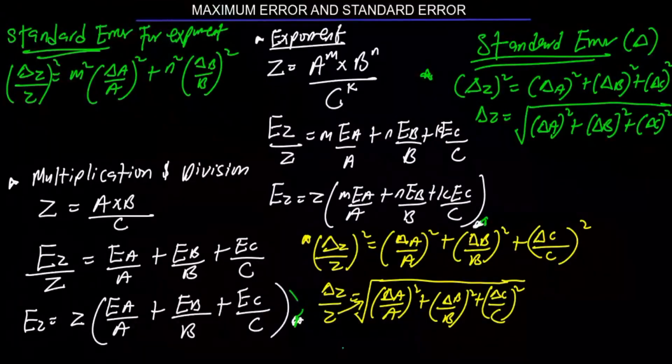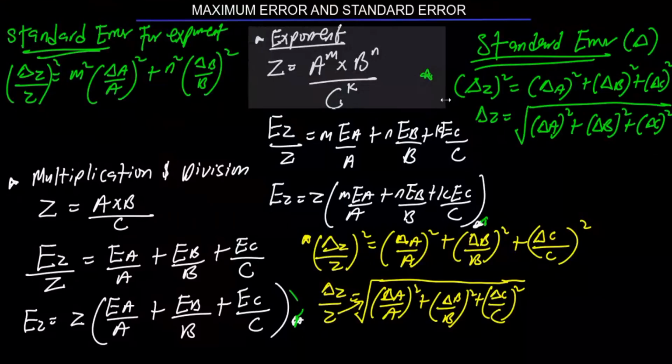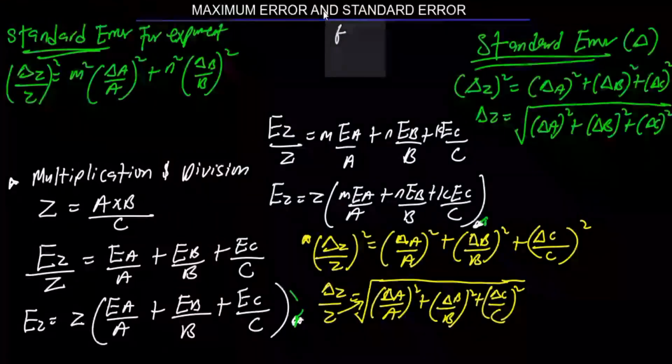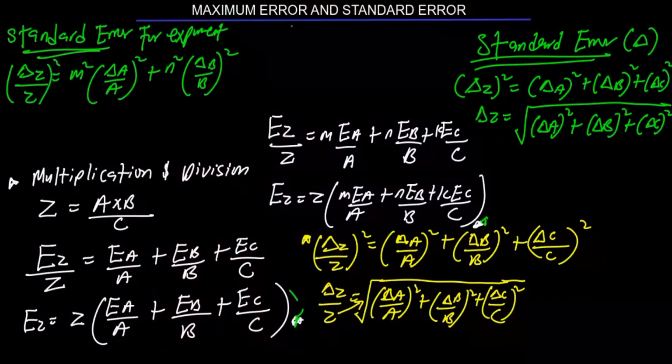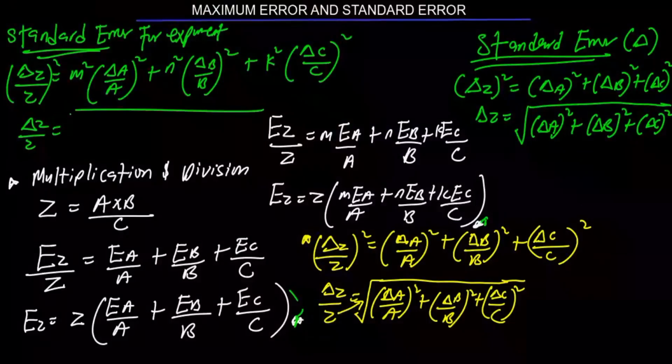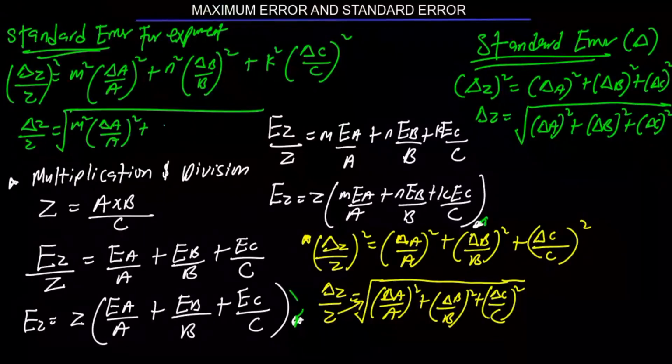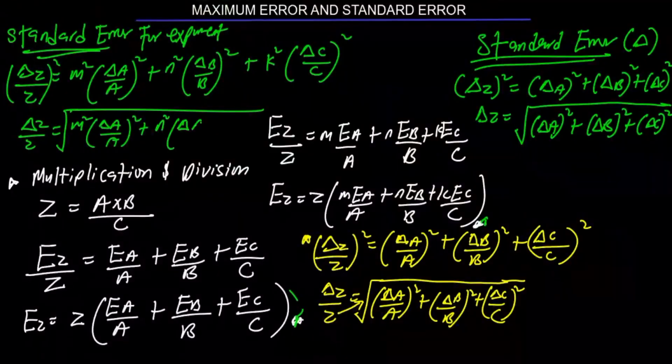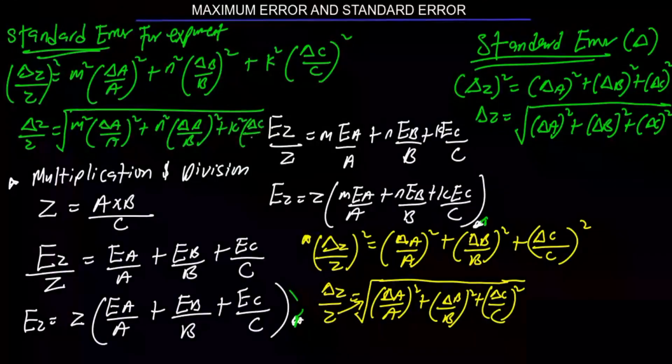Then what again? Let me erase this part. Then K square delta C over C square. So I have delta Z over Z equals the square root of M square delta A over A square plus N square delta B over B square plus K square delta C over C square.